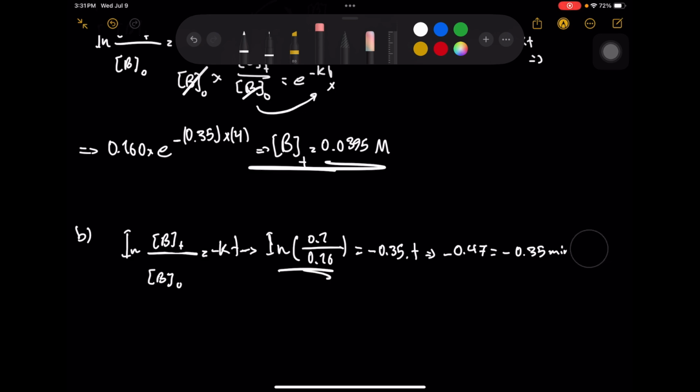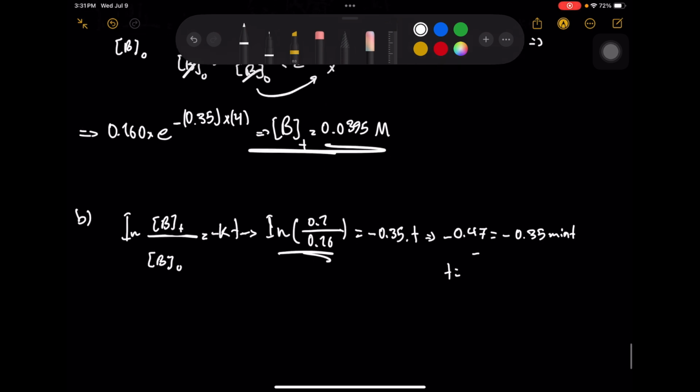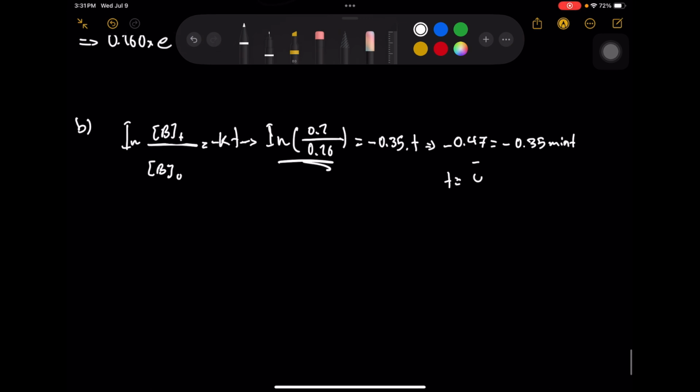What is this t here? To calculate the t, we just have to say negative 0.47 over negative 0.35. The answer would be 1.34 minutes. And again, make sense of it.